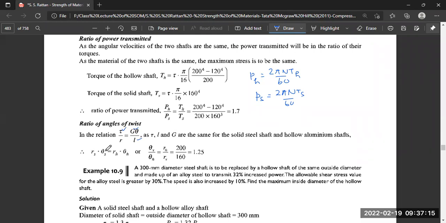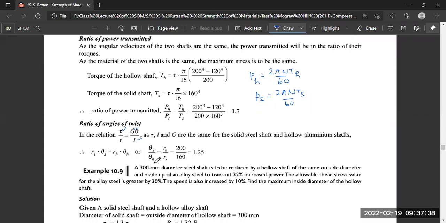So R S into theta S is equal to R H into theta H, and tau into L by G is the same for both the steel and hollow shaft.